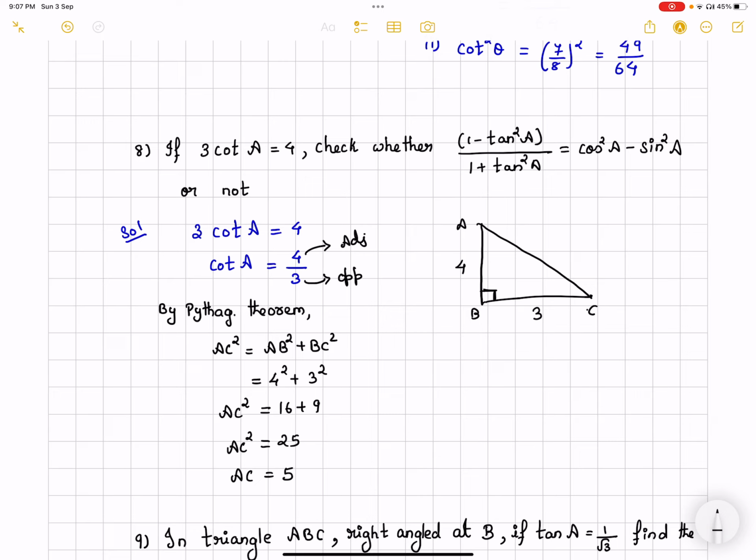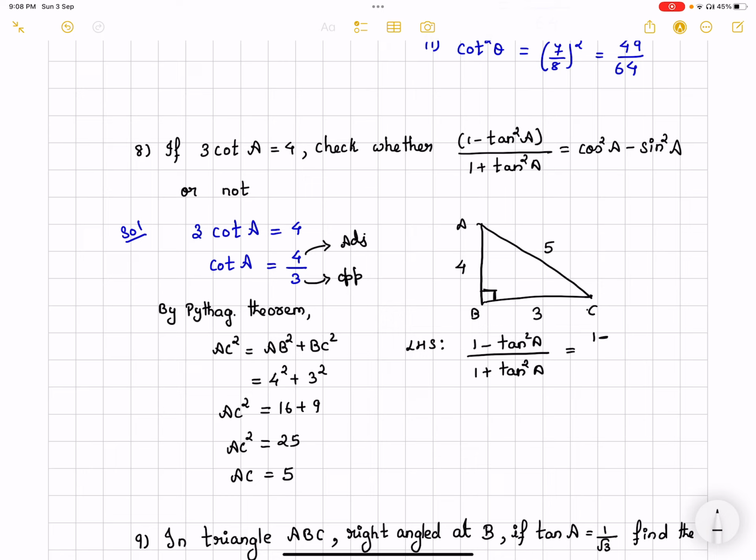Obviously, we would be getting plus or minus 5 and I would be considering plus 5 because we are measuring a side of a triangle. So AC is equal to 5. Done with this. Now we would be considering LHS first. What is the LHS? 1 minus tan square A divided by 1 plus tan square A, which is equal to 1 minus opposite side by adjacent.